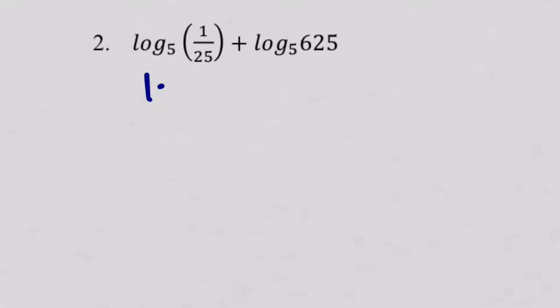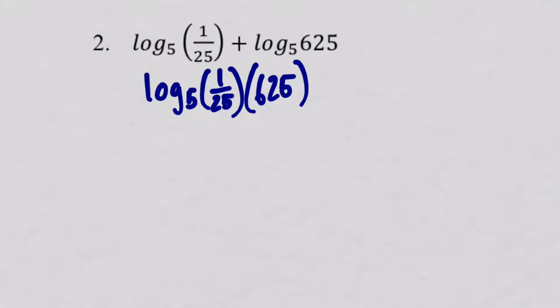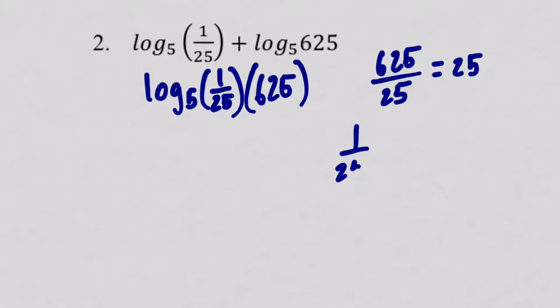This is going to be log base 5 of, I'm going to multiply 1 over 25 times 625, which I'm going to do over here on the side. 625 over 25, which is 25. If you don't see how I did that, just remember I did 1 over 25 times 625 over 1. Right? And when I do that, I get 625 over 25, which is 25. That's how I got that.